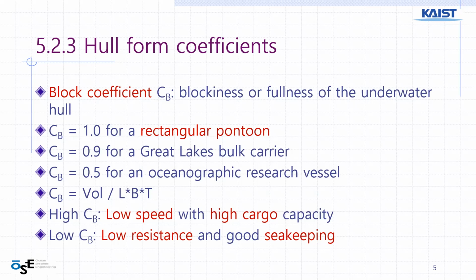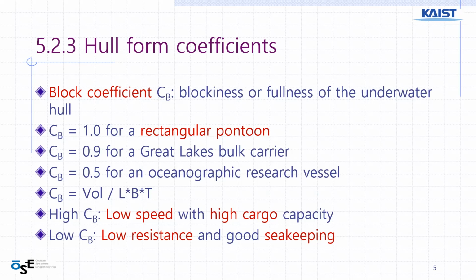So it's saying blockiness or fullness of the underwater hull. So this coefficient is mostly focused on underwater shape, not including above water shapes, because that is important for speed and weight and buoyancy things.